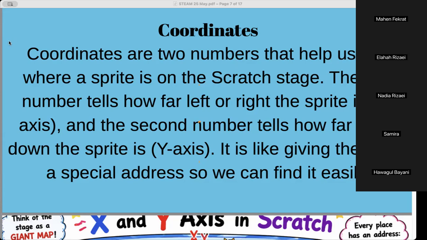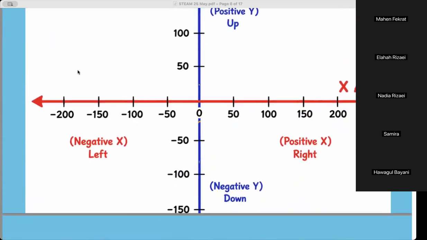Good reading, Nasima. Well done. Thank you, darling. So the coordinates got how many numbers, girls? 2 numbers. Okay. That helped us to find the position of the sprite. All right. Now, as I said, I'm going back to the previous slide.